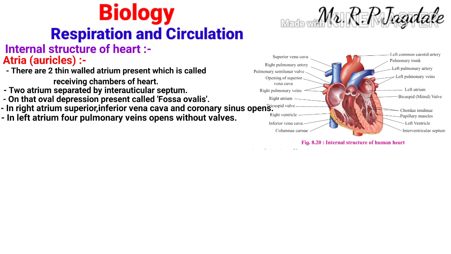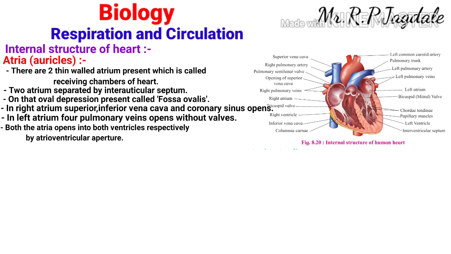Both the atria, right and left, open into the ventricles respectively. That means the right atrium opens into the right ventricle and the left atrium opens into the left ventricle, and it is by the atrioventricular septum or aperture.